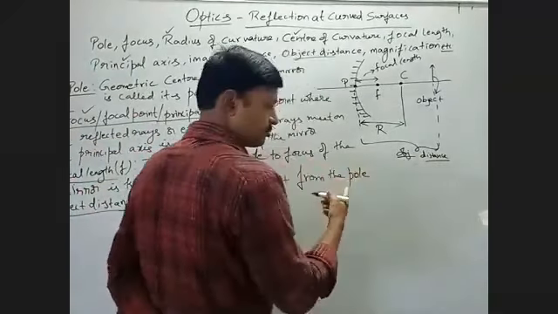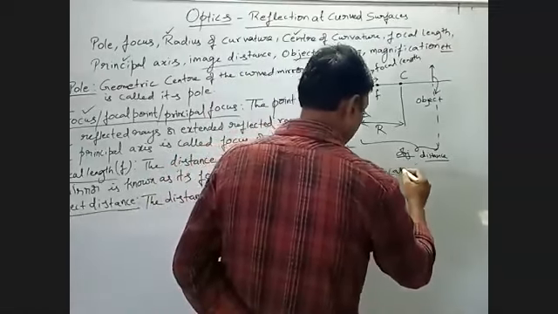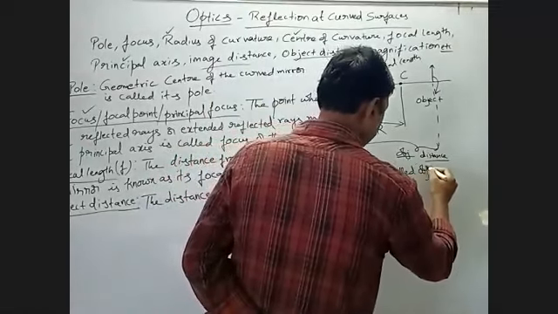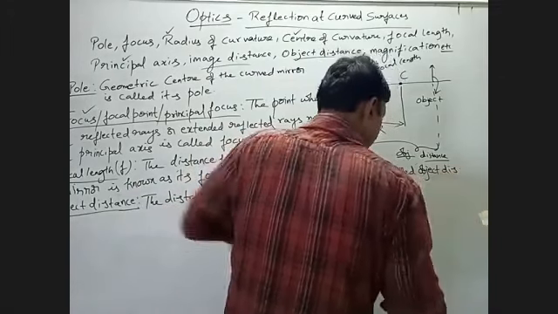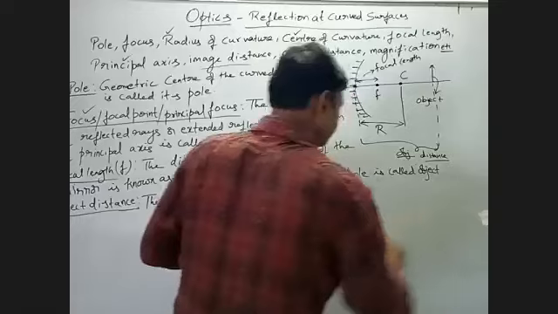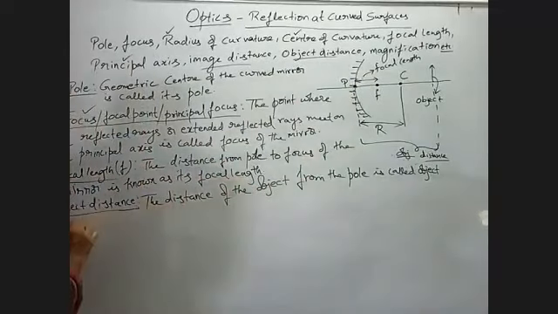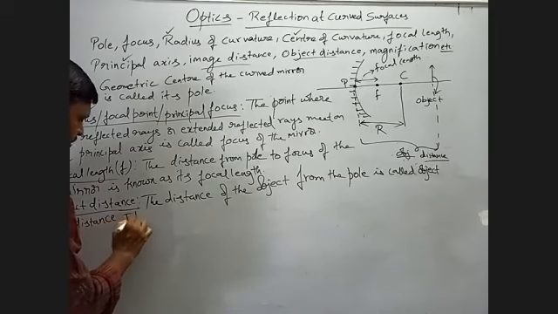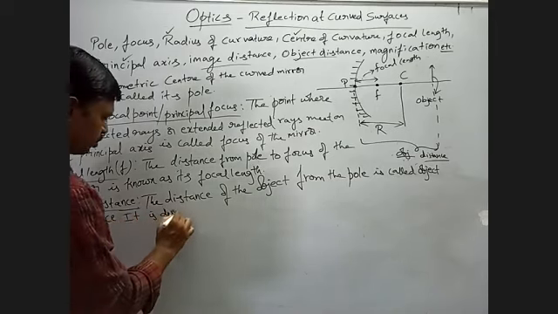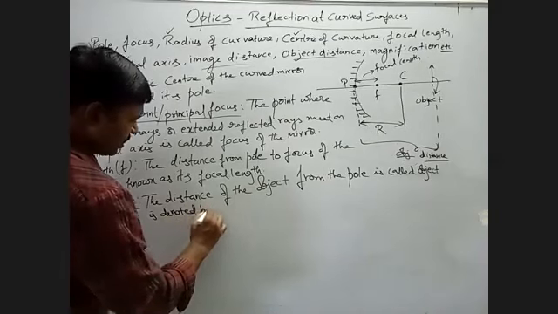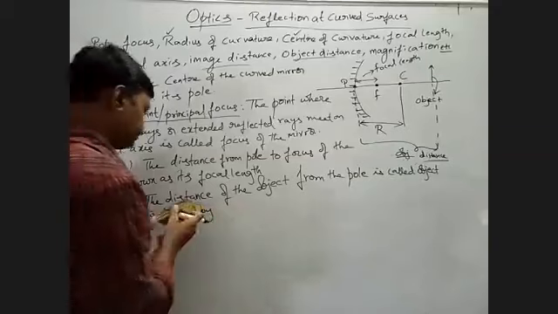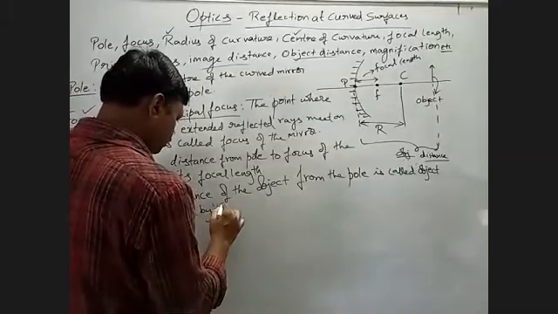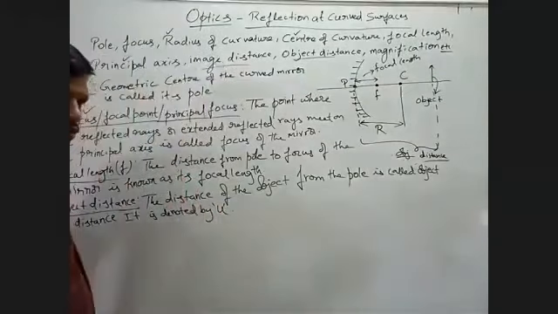This is very important. It is called object distance, and it is denoted by small u, the lowercase alphabet u.